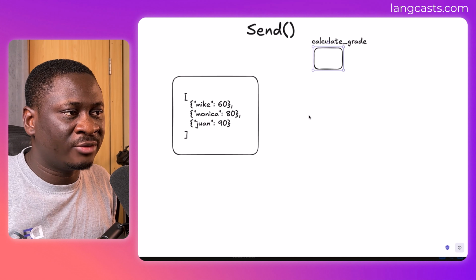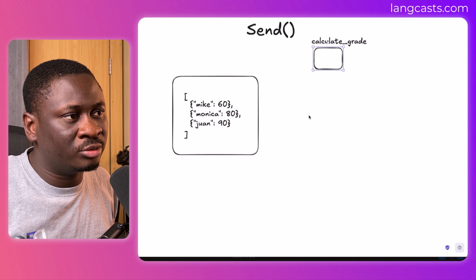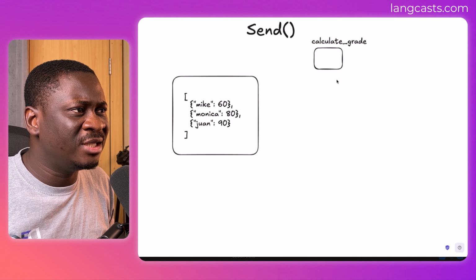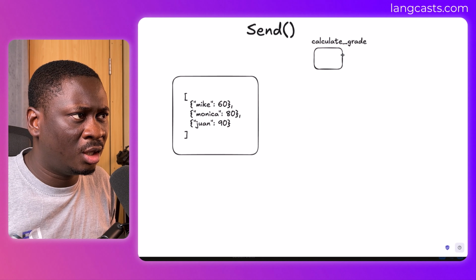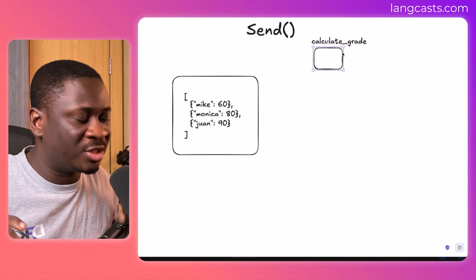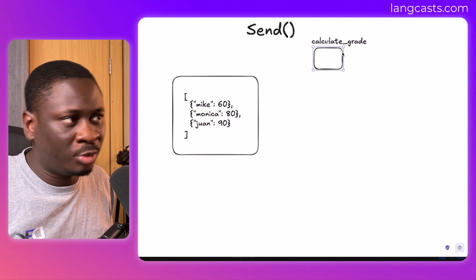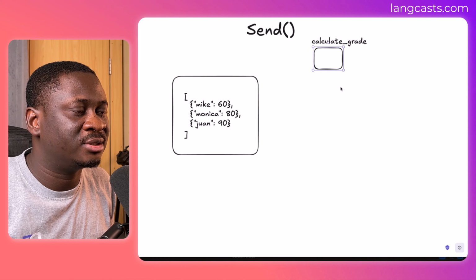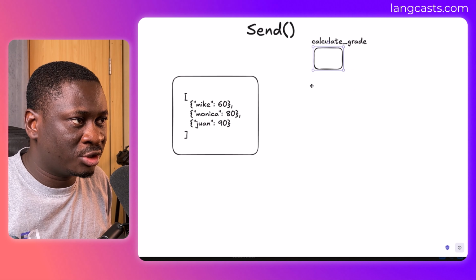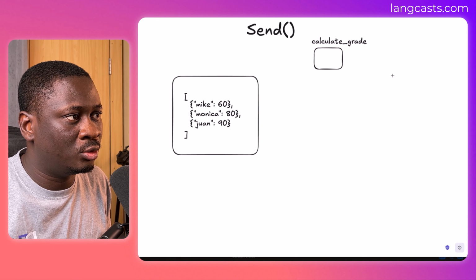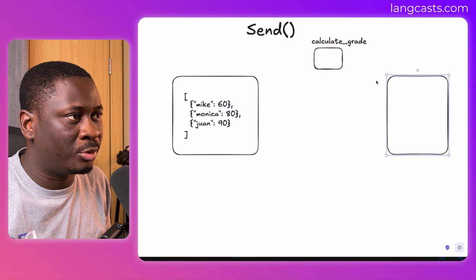Because of this, you need to use map reduce, meaning that you need to be able to spin up as many instances of this node as there are students, but you don't know the number of students beforehand. And once you're done calculating the grade of each student, you have to prepare it in a final report, using another node.